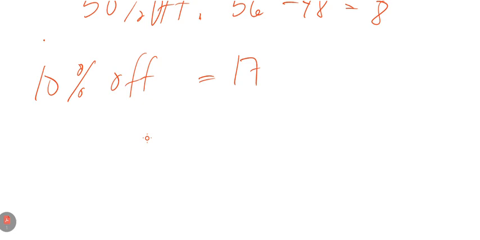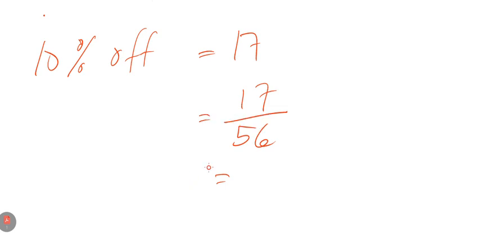The estimated fraction of probability is 17 over 56, which is about 0.304. Okay, so that's our answer.